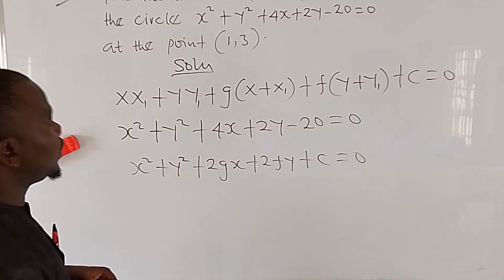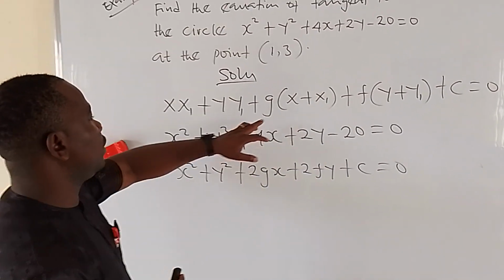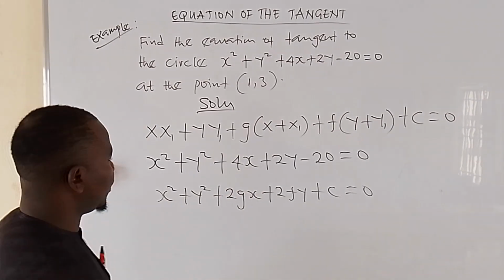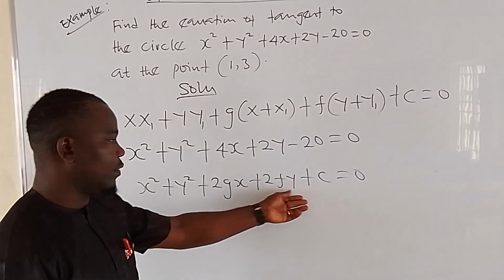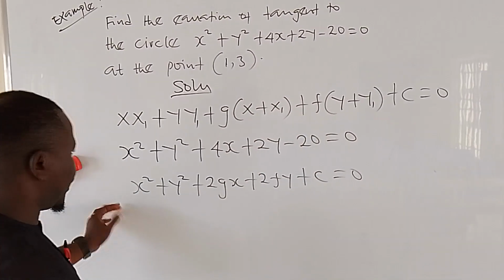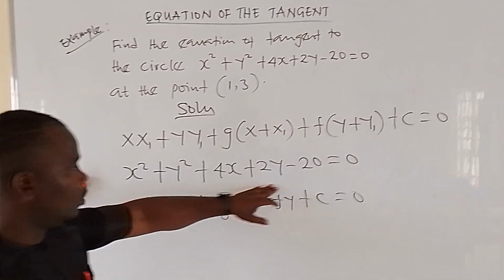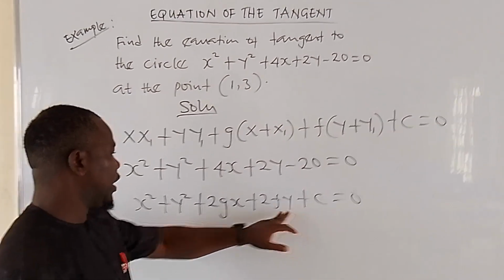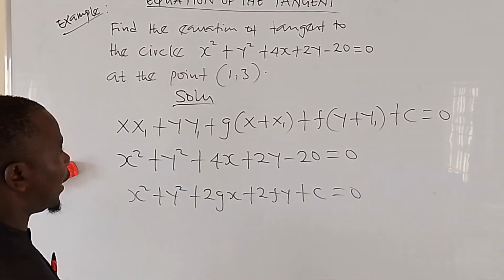So it means we are going to obtain our g. How can we obtain our g? We are going to equate this equation of a circle with this equation to obtain our g, f, and c.